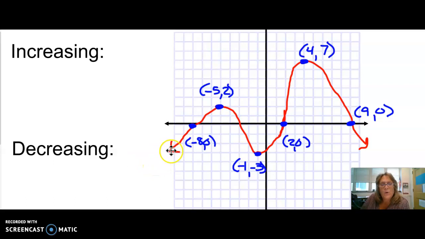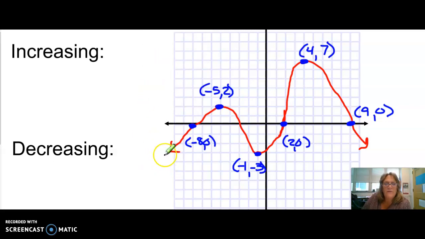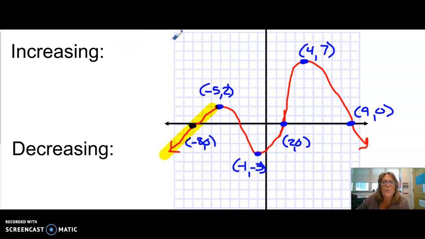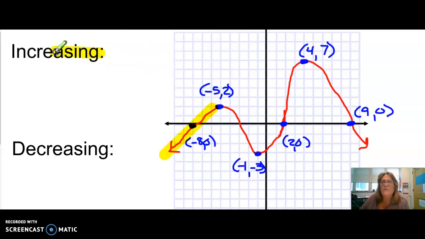I'm going to highlight it. My graph is moving in this direction. That yellow part tells me that it's moving upward, so that's a positive slope. That's going to be the increasing part of my graph.